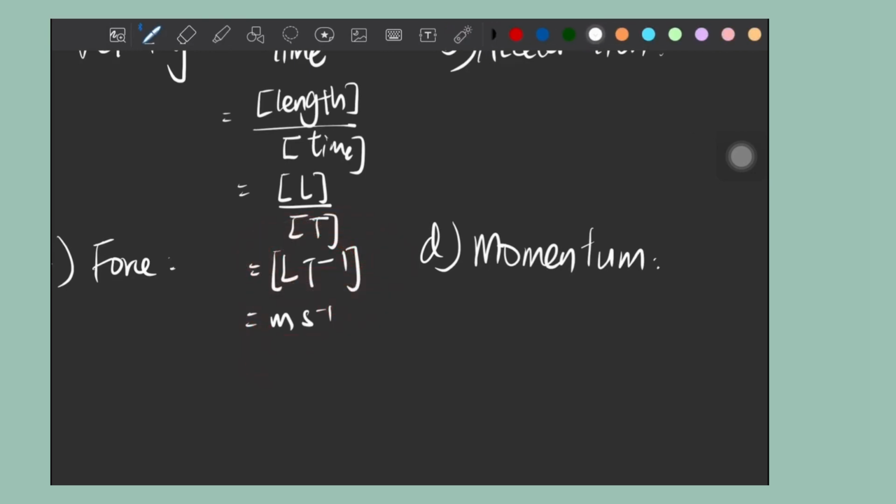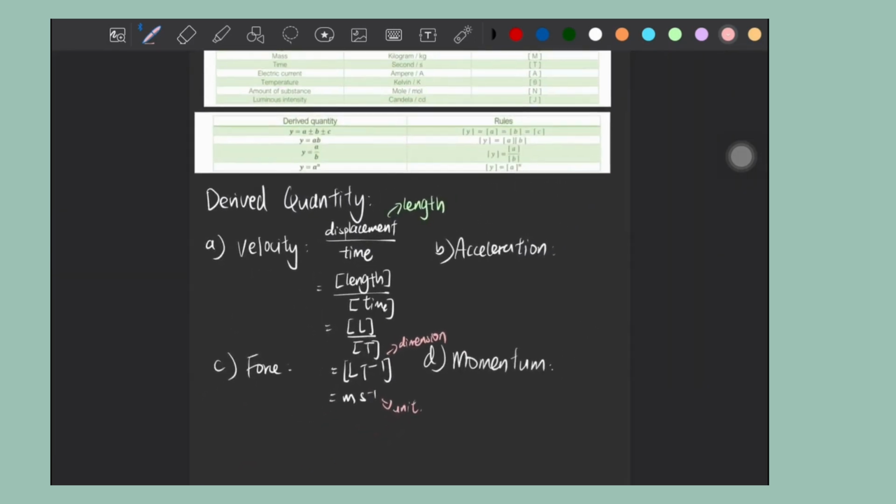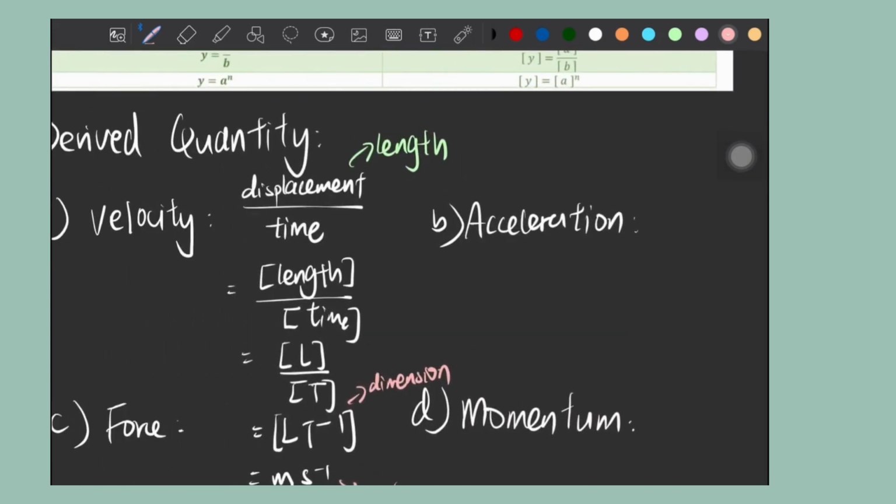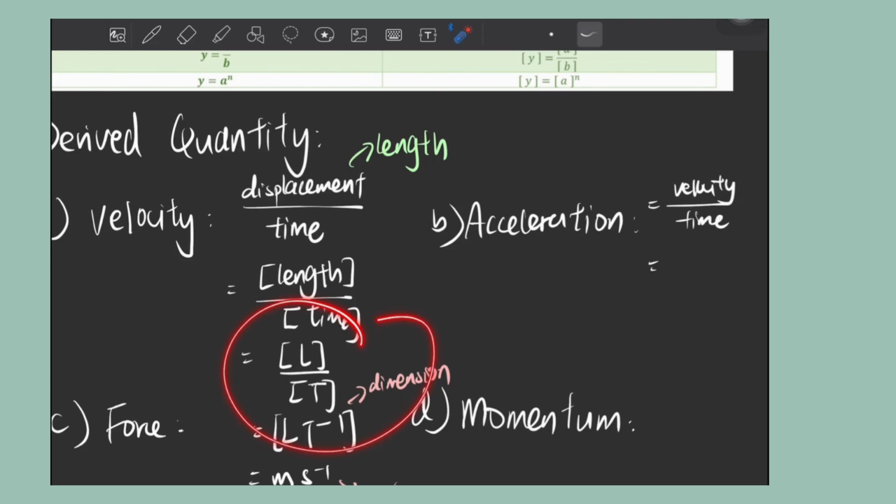Okay, so this will be the dimension and this will be the units. Now let's try the acceleration. We know that acceleration is the change of velocity over time. So just now we went straight to the method of this dimension technique.